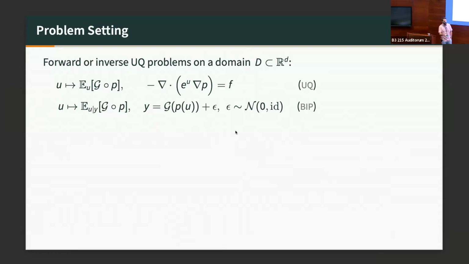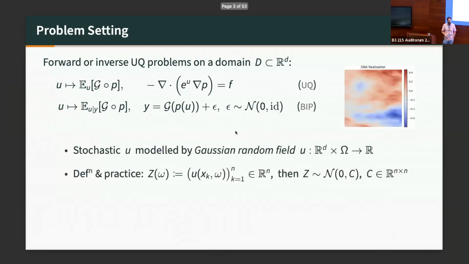So we are measuring some G, and then we want to calculate some statistics on some H of some pressure field, for example, as in this diffusion problem, under the posterior. So given the data, we might want to calculate this. So in a Bayesian setting, one would put a prior distribution on this parameter U, and this would be, for example, again, a Gaussian.